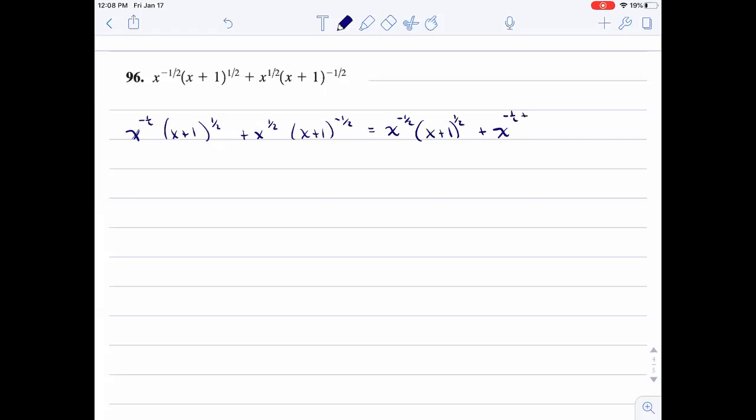Negative 1/2 plus 1 would get me to positive 1/2, right? So there will be stuff like that where we kind of have to be like, well, how do I get back to the positive 1/2 if I'm pulling out a negative 1/2? And then that times x plus 1 to the negative 1/2.